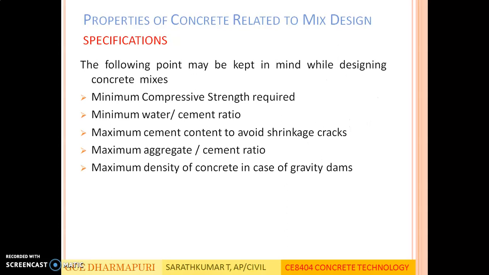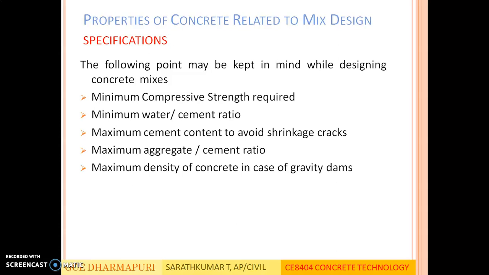So the specifications mean, for example, if a building is exposed to harsh environmental conditions like very severe or extreme exposure conditions, it should have a minimum cement content to meet the durability condition. It is given in IS 456:2000 reinforced concrete design.